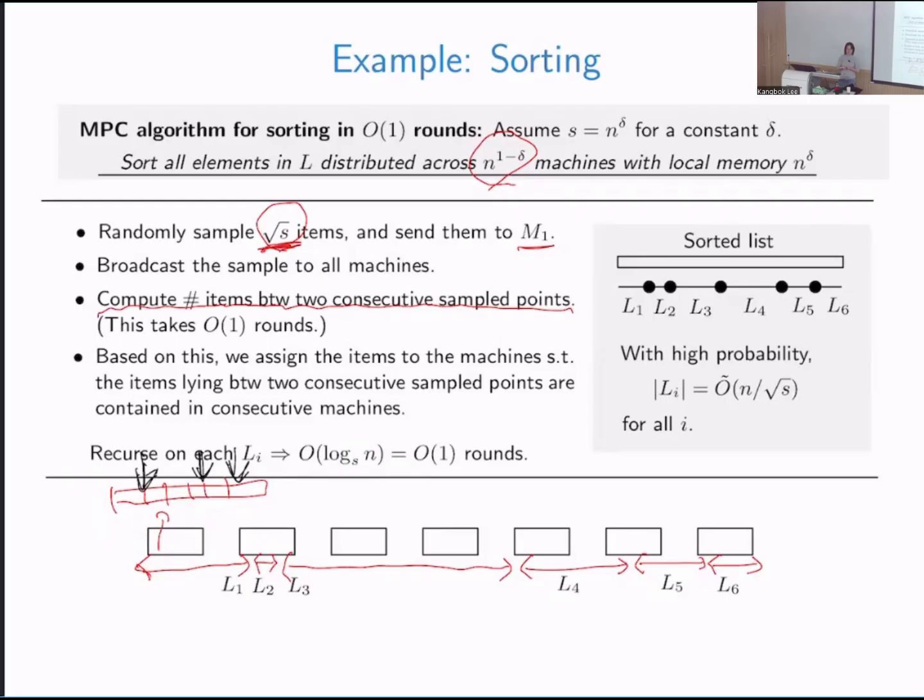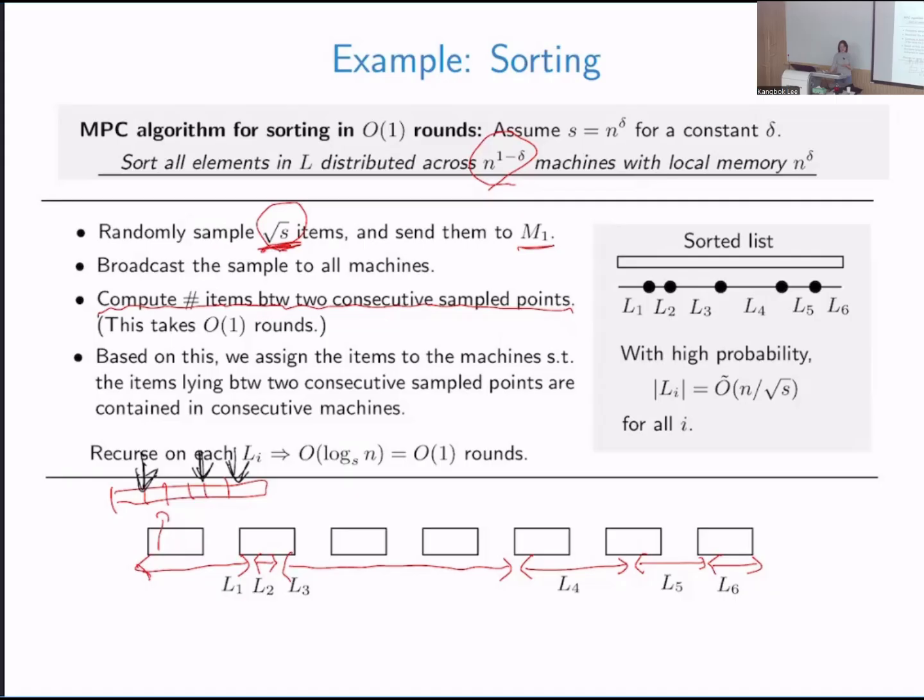Then in each machine, we have S sorted items and root S sorted pivots. Then using those pivots, each machine can determine the index of the sublist where each item belongs.